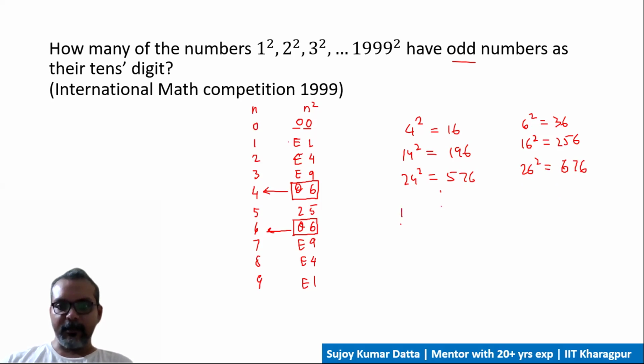So in every 10, so 1 to 10, and then 11 to 20, and then 21 to 30, and like that, if I keep doing it, I will have one number ending in 4 and one number ending in 6 with the units digit. Okay, we can do it like that and count how many such cases we'll get.